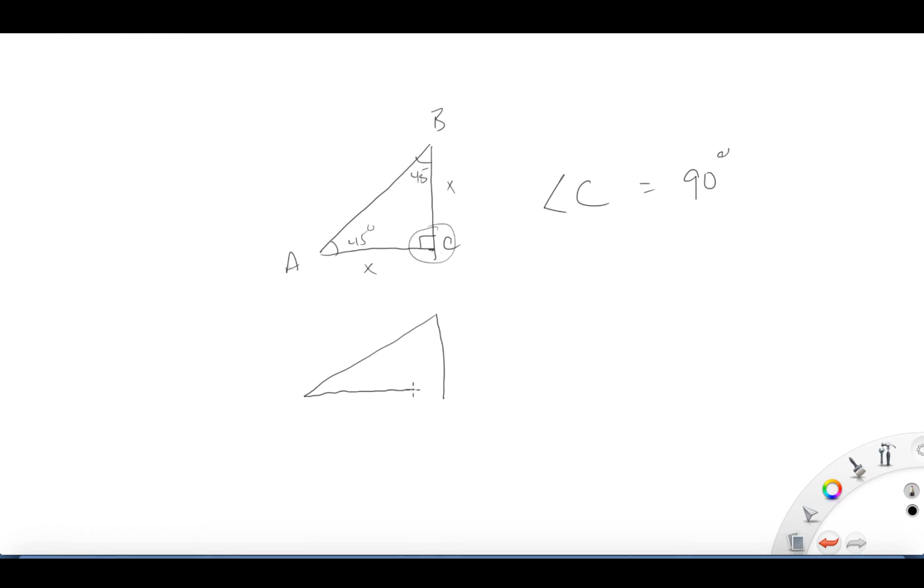It's a little bit longer. This is still a right triangle, so I know that angle C is still a 90 degree, and I'm going to guess on these two, just for fun, but I would say that angle B is going to be a 60 degree angle, and angle A is going to be a 30 degree angle.